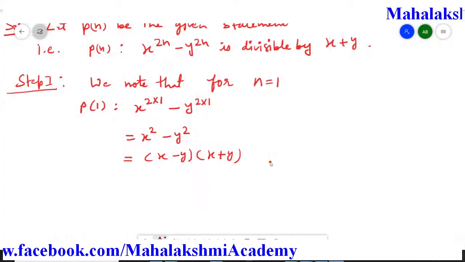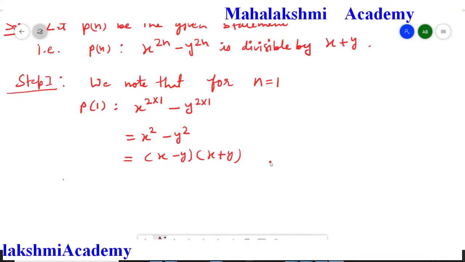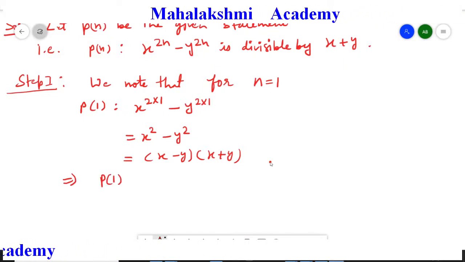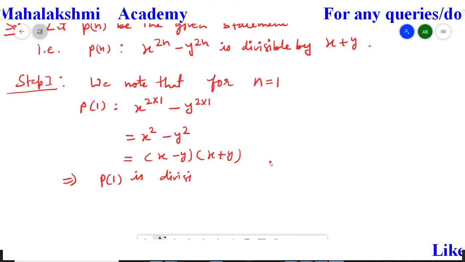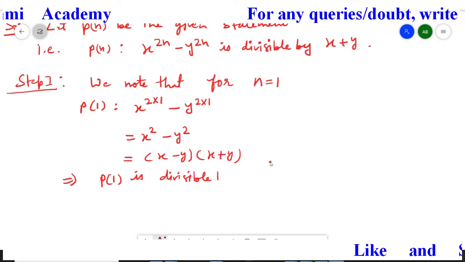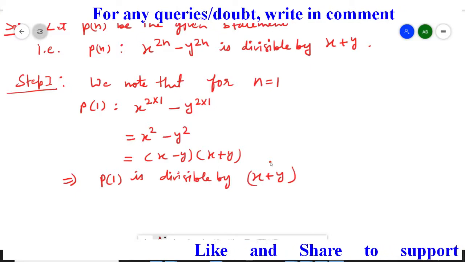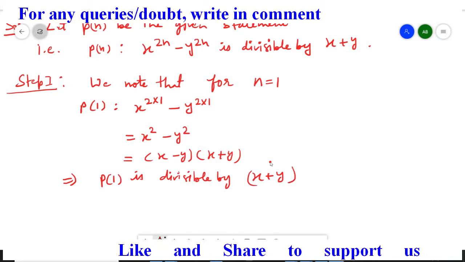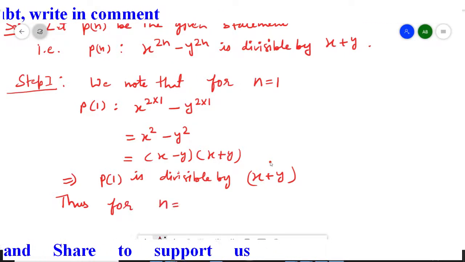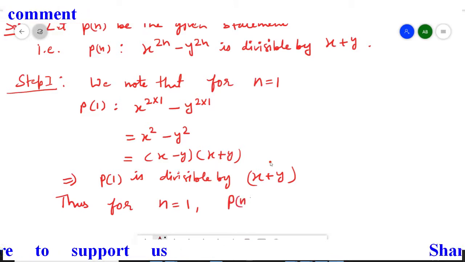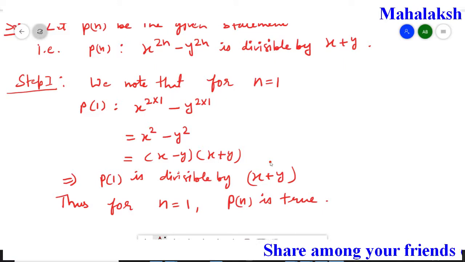So we will write down here, which implies P1 is divisible by x plus y. Thus for n equal to 1, Pn is true. So for n equal to 1 the statement is true.